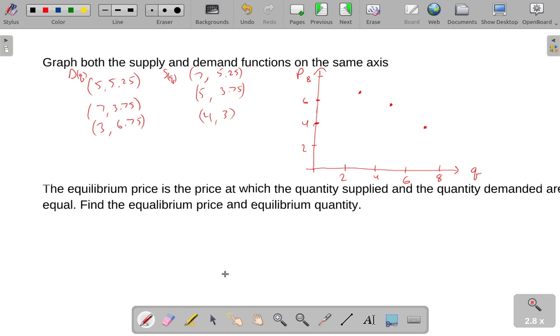And let me just fudge this a little down right there. This line looks about like that. This is my demand line. Okay. My supply line looks like this.